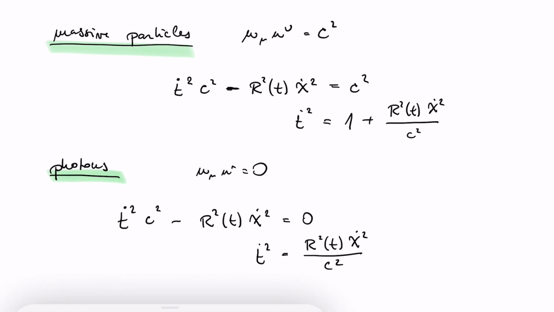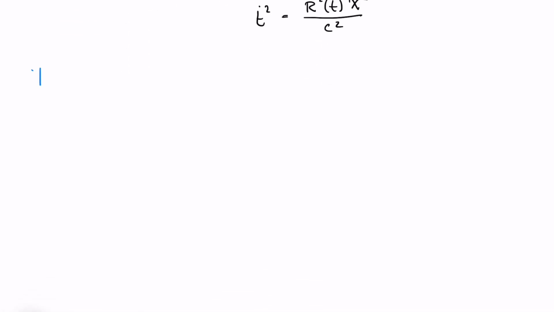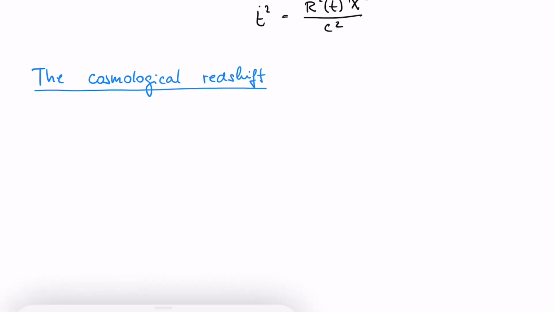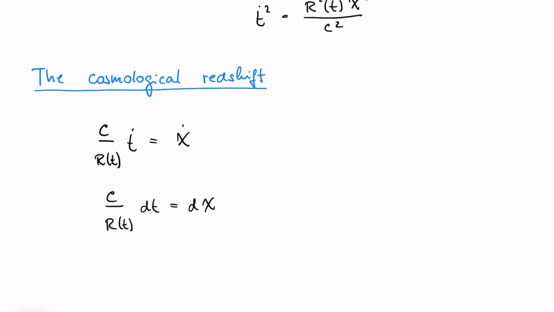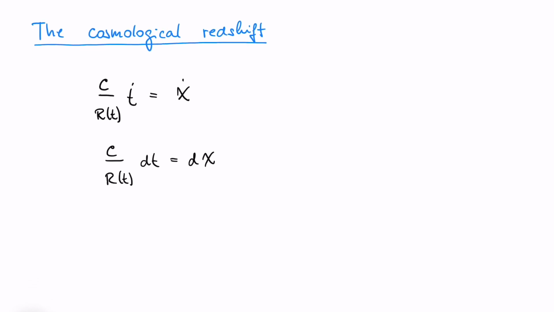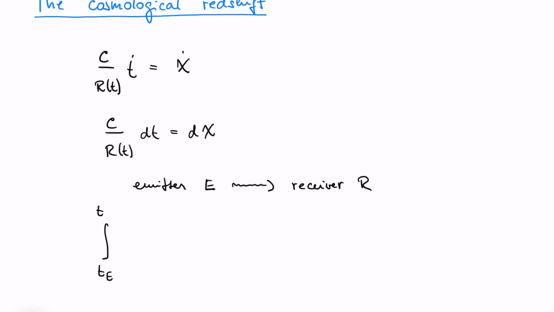Now from this equation for the photons we can derive the formula for the cosmological redshift. So we put this equation into this form. And now if this describes a light pulse which an emitter sends to a receiver, then we can integrate these coordinates along the path of the photon.